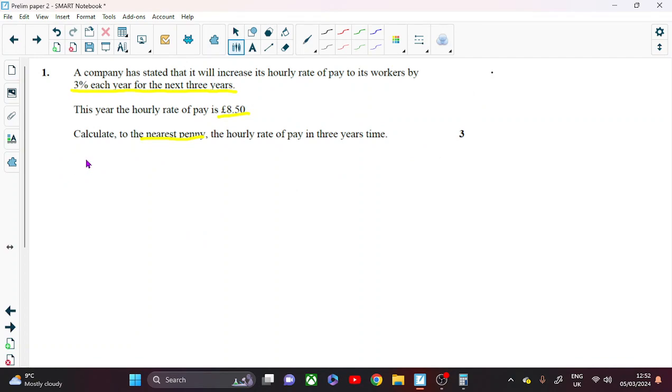We have got £8.50 and that is our 100%. We're looking to increase it by 3%, so plus 3%.